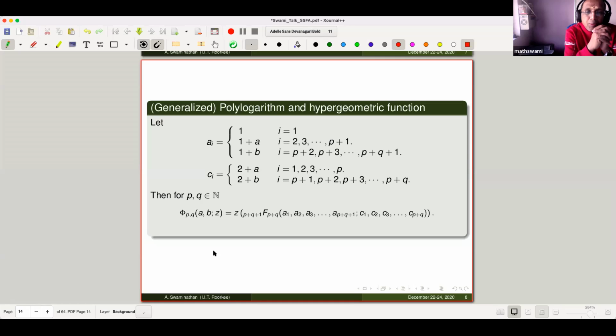For all other values up to p plus 1, we take it as 1 plus a. And beyond that, up to p plus q plus 1, we take it as 1 plus b. Similarly, for the denominator parameters, if we give this value, then for all p, q belonging to the natural numbers, this generalized polylogarithm is related to the normalized hypergeometric function. When I say normalized generalized hypergeometric function, it means that it takes the value 0 at the origin.